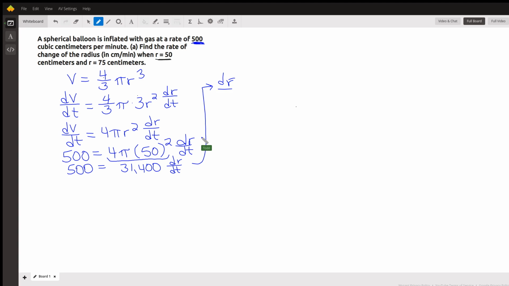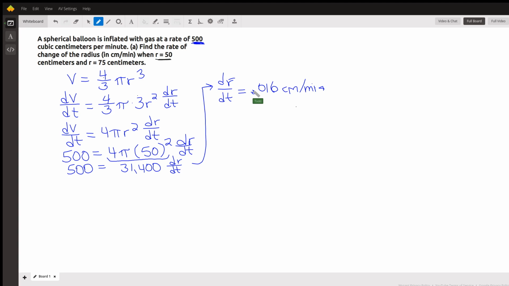To find that, you're going to divide each side of the equation by 31,400. When I did that, I got approximately 0.016 centimeters per minute. So that means when the radius is 50 and the volume is increasing at 500 cubic centimeters per minute, the radius is increasing at 0.016 centimeters per minute.